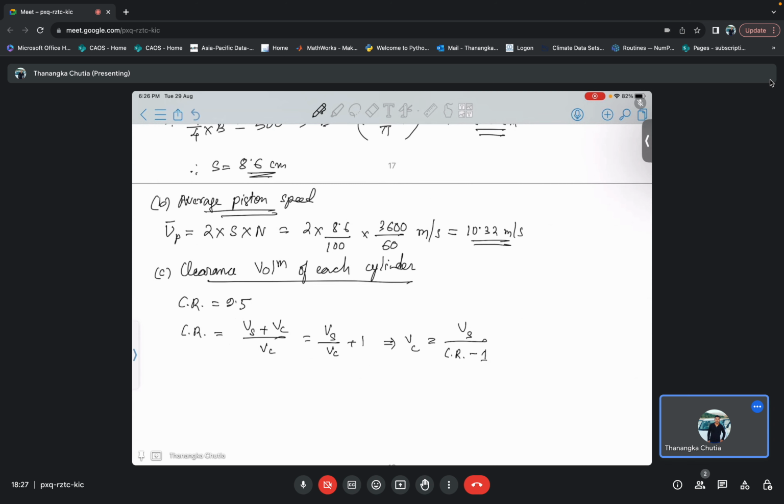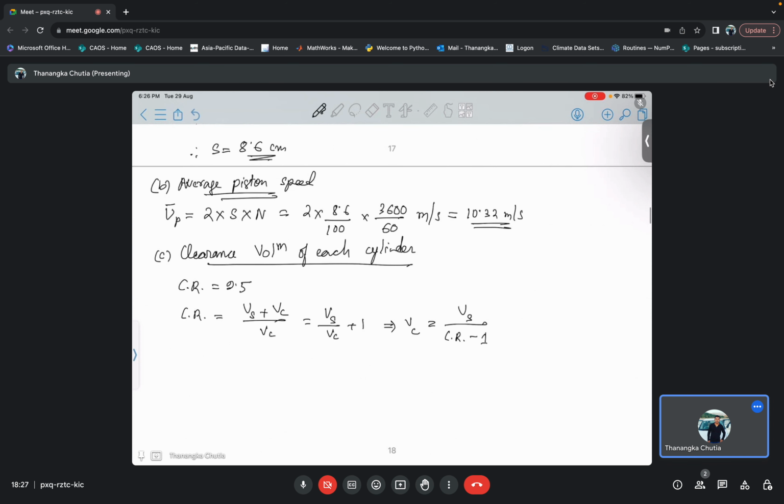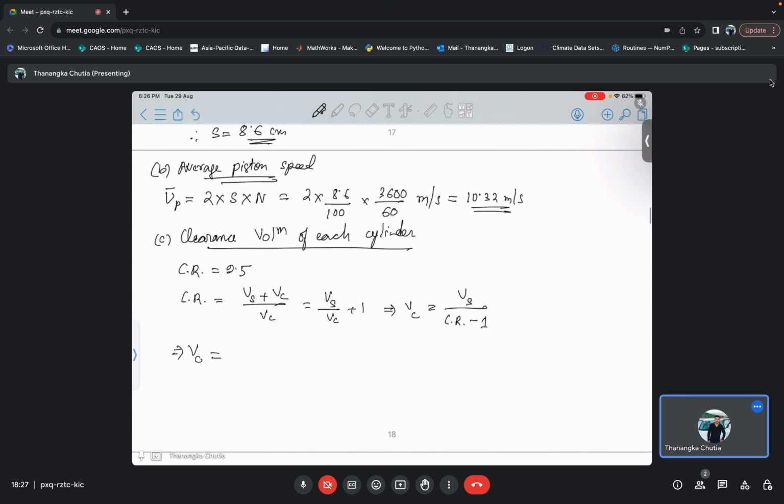We know Vs for each cylinder, which is 500, and the compression ratio is 9.5 minus 1. So from here we get the clearance volume of each cylinder, which is 58.82 centimeter cube.